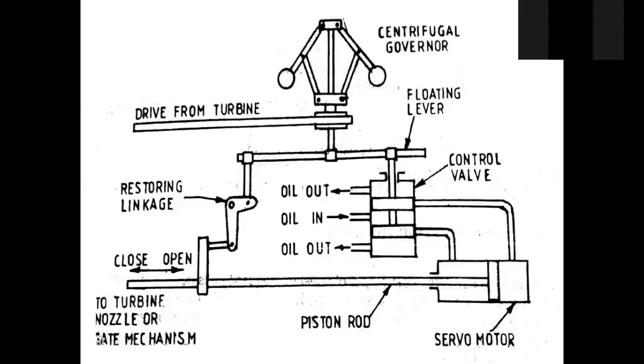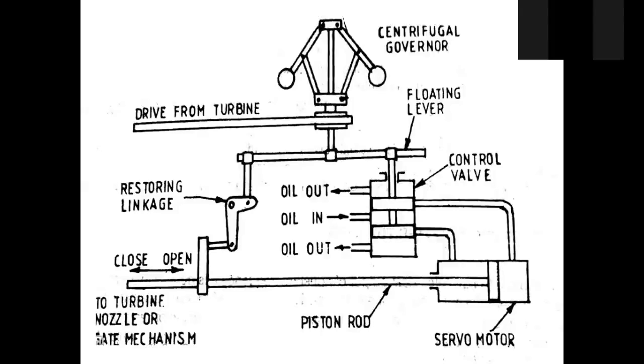So as the nozzle is closed, the water which is hitting the water turbine is reduced, thereby the speed of the turbine reduces. If the nozzle is opened, it hits the turbine with more water and the turbine speed increases.